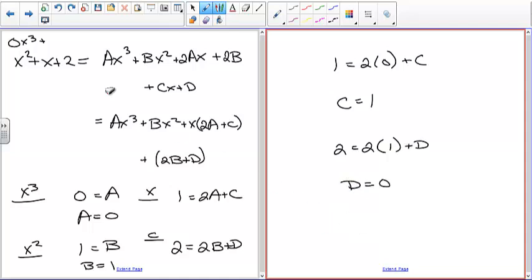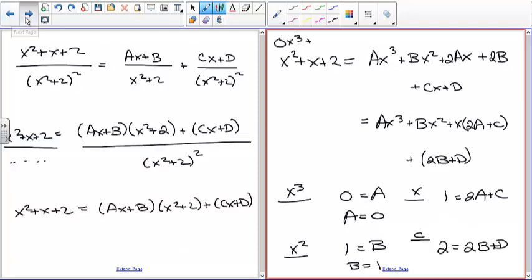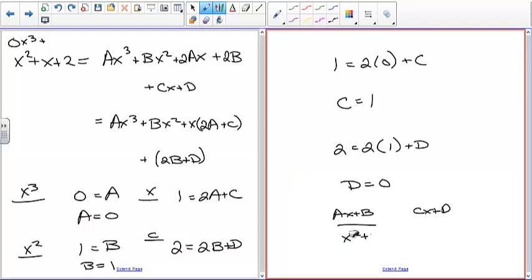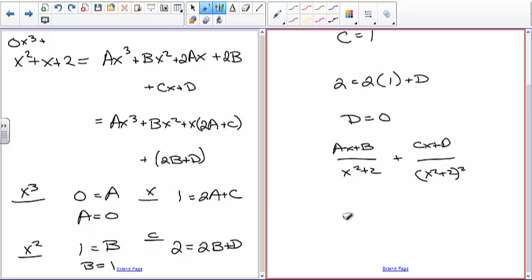So we really end up with only 2 terms here. Remember, it was (ax plus b) over x squared plus 2, and (cx plus d) over x squared plus 2 squared.